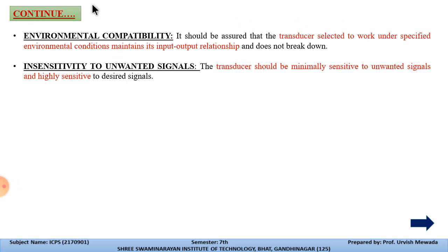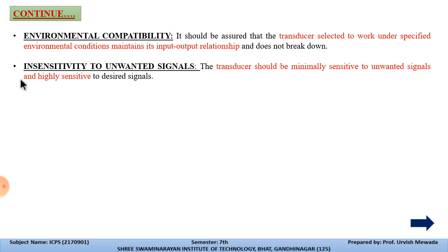Meaning if the conditions change while we measure the physical quantity with the same transducer, it should give the same output in any of the environmental conditions. So environmental compatibility is most required while we select the transducer.